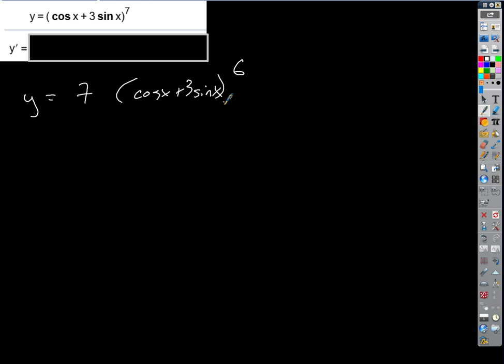So another thing on this test, if it doesn't ask you specifically to simplify and factor things, you really don't have to do a lot of work to make these things simplified. We're just really more interested in doing the calculus on this stuff, right? So Liz, what's next? So there's our first layer, the power layer, and the next layer comes after that. Okay, what's that going to give us?